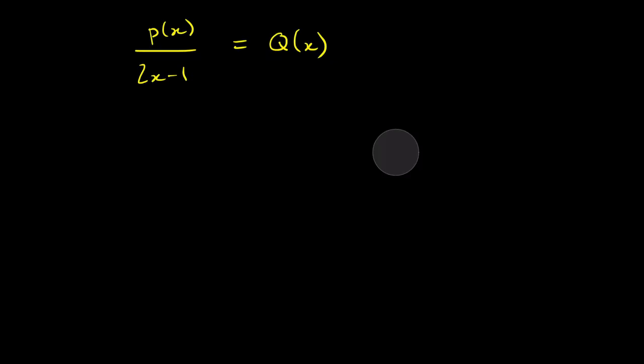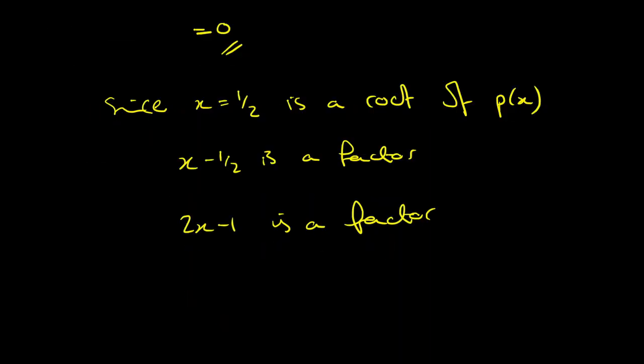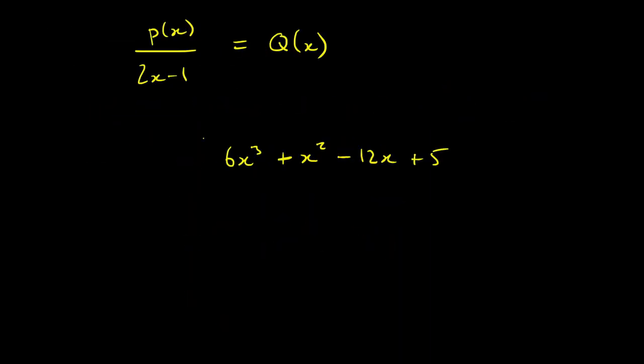So 6x cubed plus x squared minus 12x plus 5. I'm going to just make sure that I've got that right. Okay, and then we're dividing this all through by 2x minus 1.